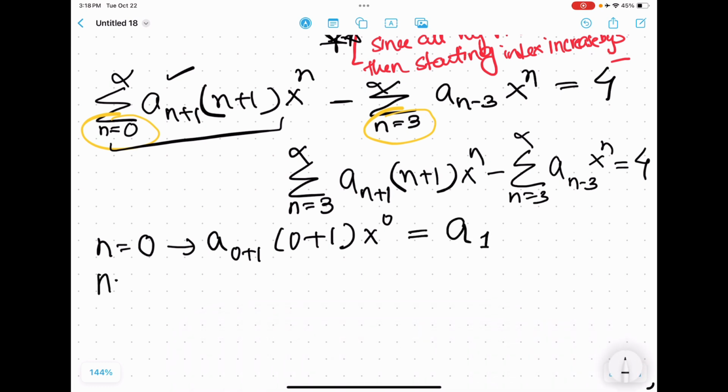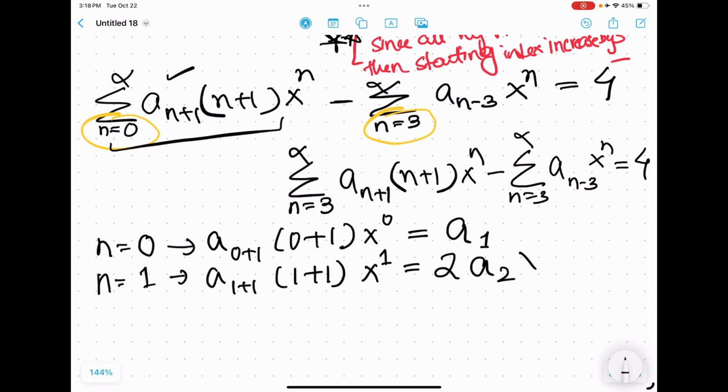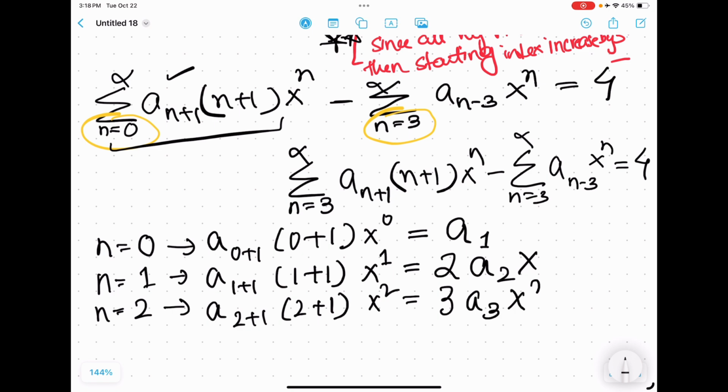And when n equal to 1, I have a sub 1 plus 1 times 1 plus 1 times x to the power 1, which is 2 times a sub 2 times x. And when n equal to 2, I have a sub 2 plus 1 times 2 plus 1 times x to the power 2, which is 3 times a sub 3 times x squared.